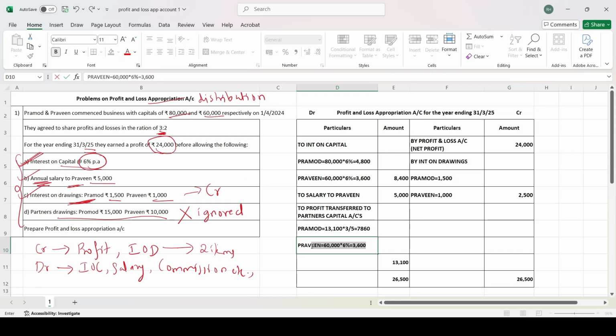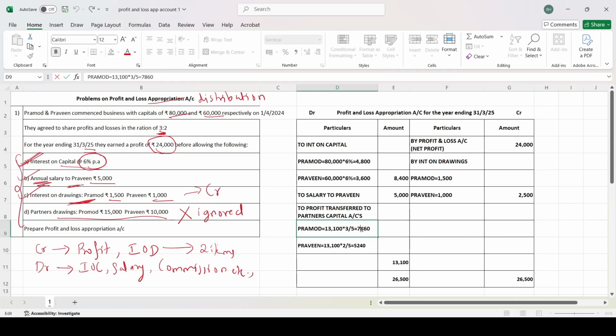Praveen equals 13,100 into 2 divided by 5, which comes to 5,240 rupees. So when you add these two things, you should get this 13,100.